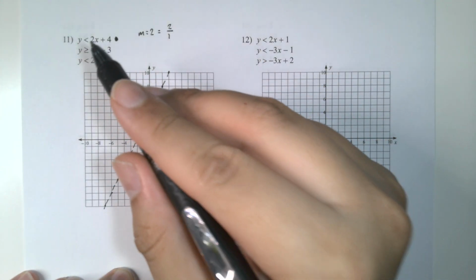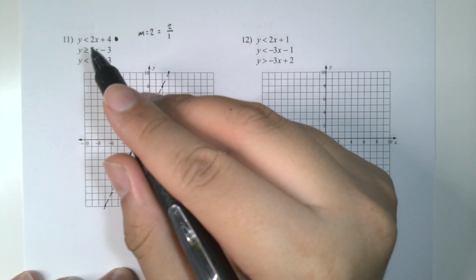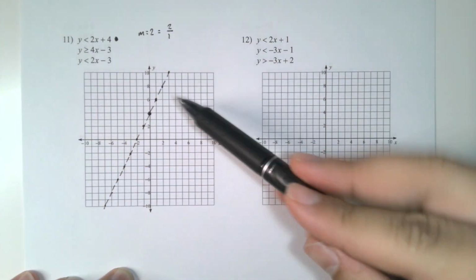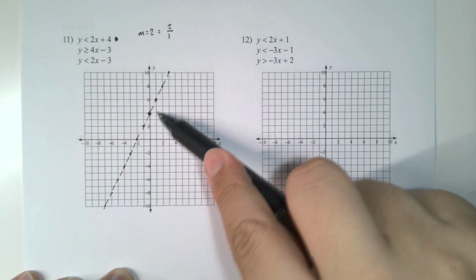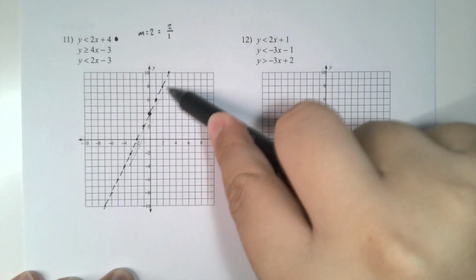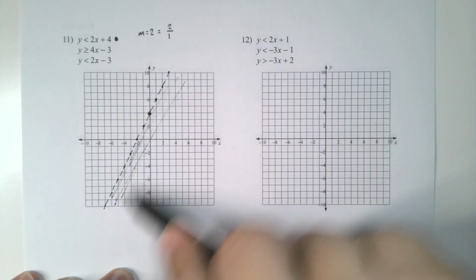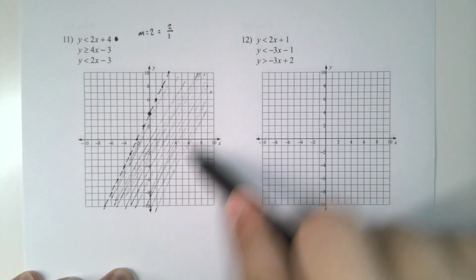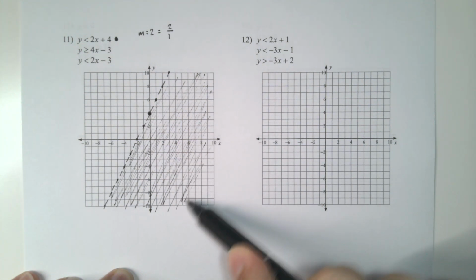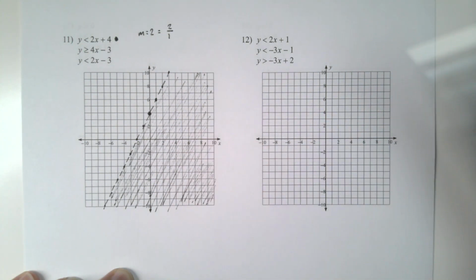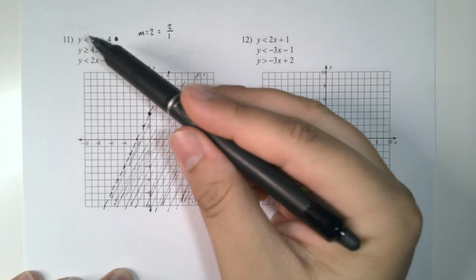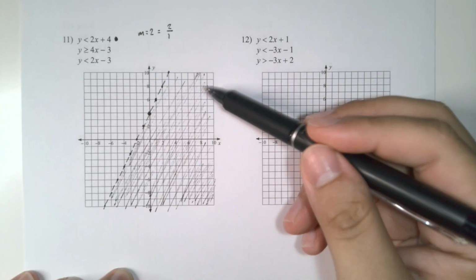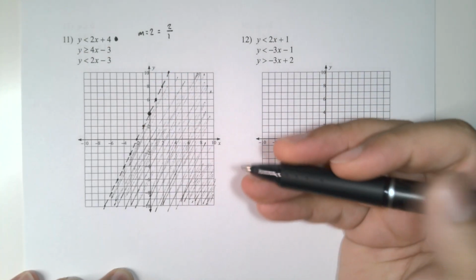And the last part of this is, because it is less than, it is going to shade everything below. So because we have a less than, it's shading below this line.